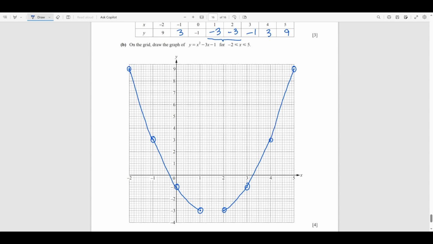Okay, so the reason that I have not connected these last two points is that if I try to connect them, it will go straight like this, which is not really the case, right?